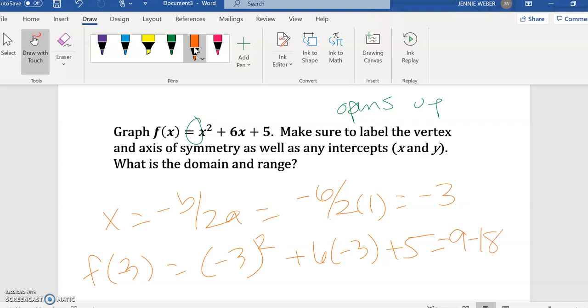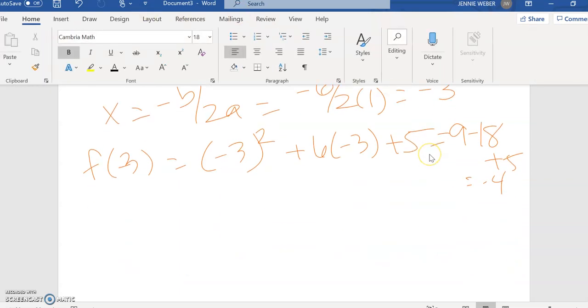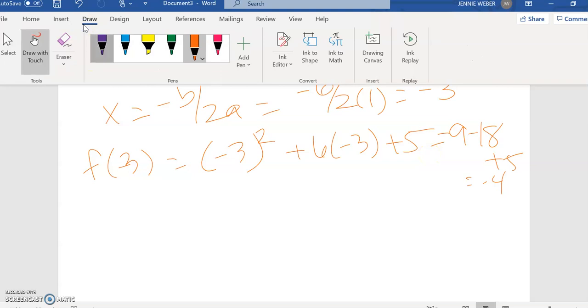So 9 minus 18 plus 5. So 9 minus 18 is negative 9, plus 5. This gives me negative 4. So then my vertex is at negative 3, negative 4.